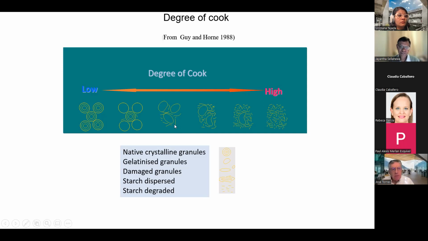What happens, as this diagram indicates, is that the native crystalline granules of starch in the initial stage will hydrate, and then they will gelatinize with heat. And then the difference is, because of the high shear, these gelatinized granules break down into little fragments, and there's an element of dextrinization. The starch is degraded.